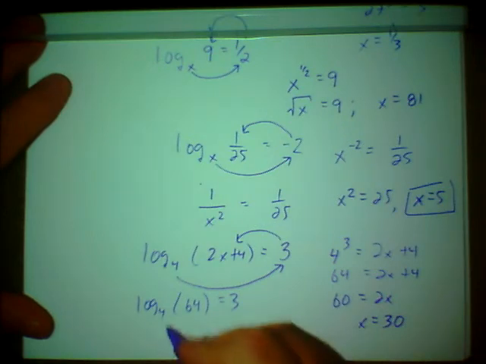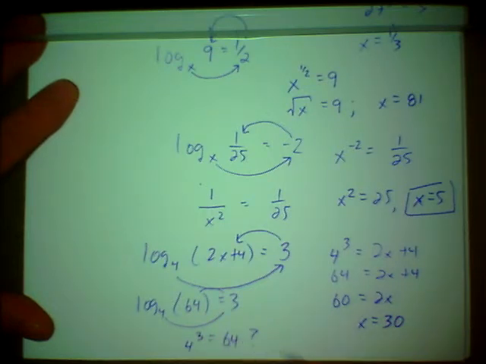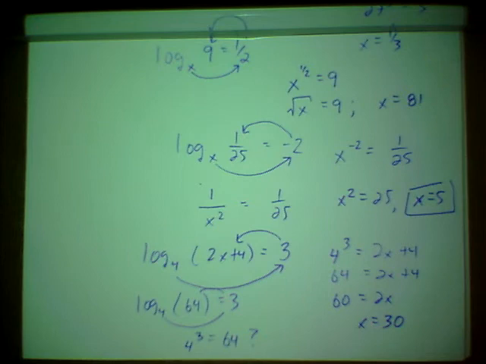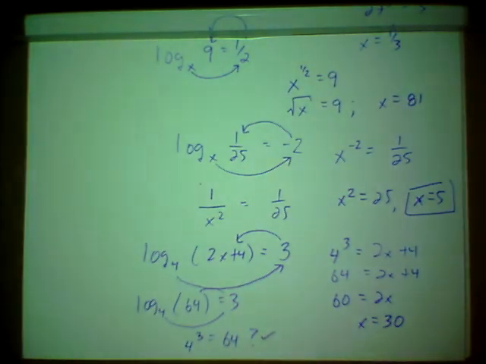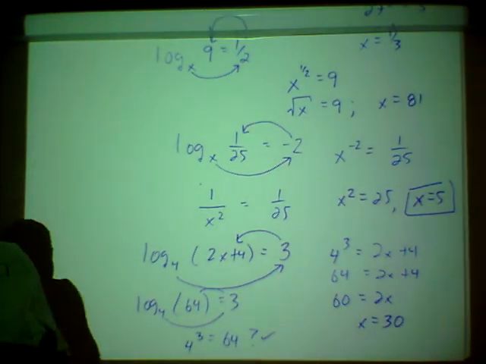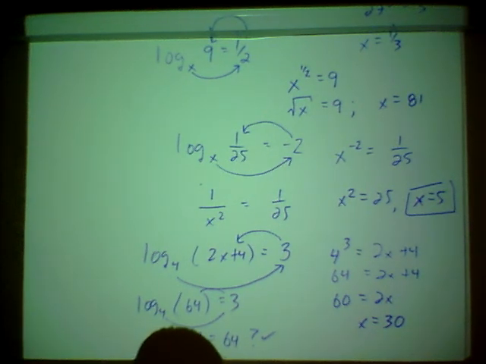And just to see if that makes sense, I write that as an exponent. Does 4 to the third equal 64? Yes, it does. So there are some examples of solving an equation where you have a log. And the whole key is you simply rewrite the log equation as an exponential equation, and usually we're able to solve the problem.